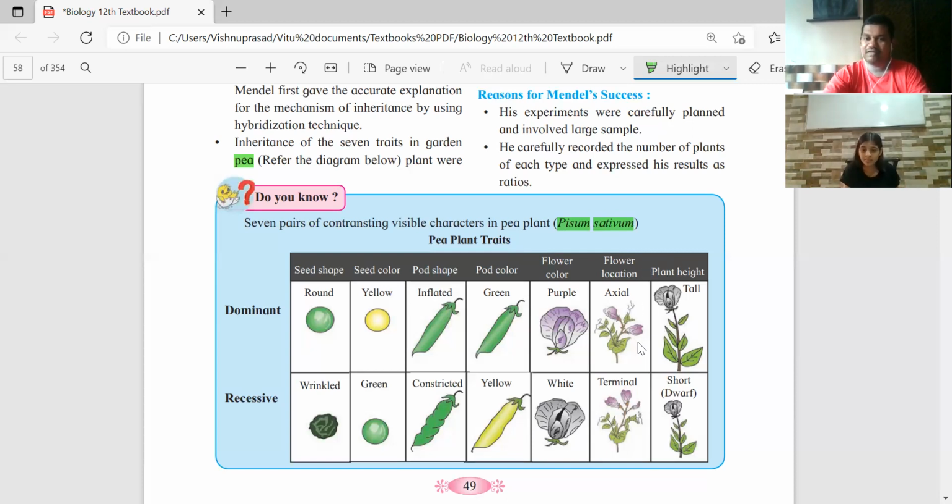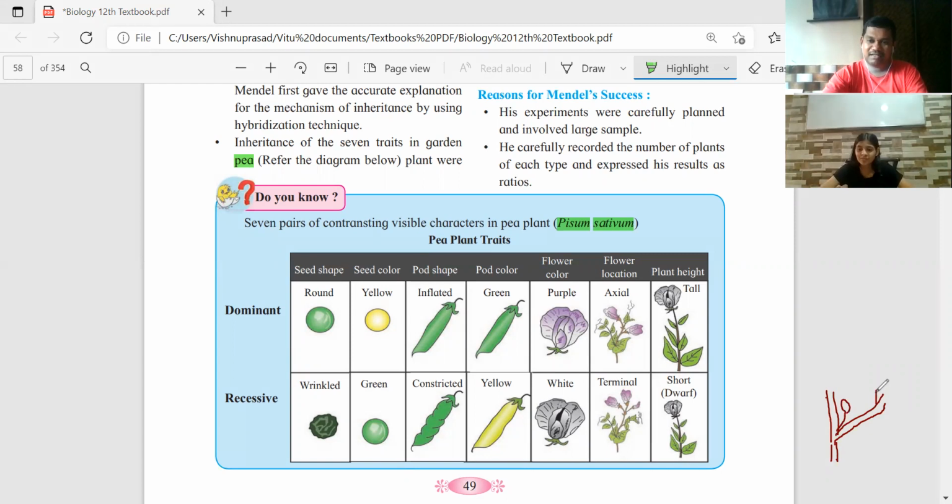Flower location. On the plant, where is the flower produced? So the dominant location is axial. Axial means what? See, if this is the stem and this is the branch, if the flower comes at the junction of the stem and the branch, it is called axial.